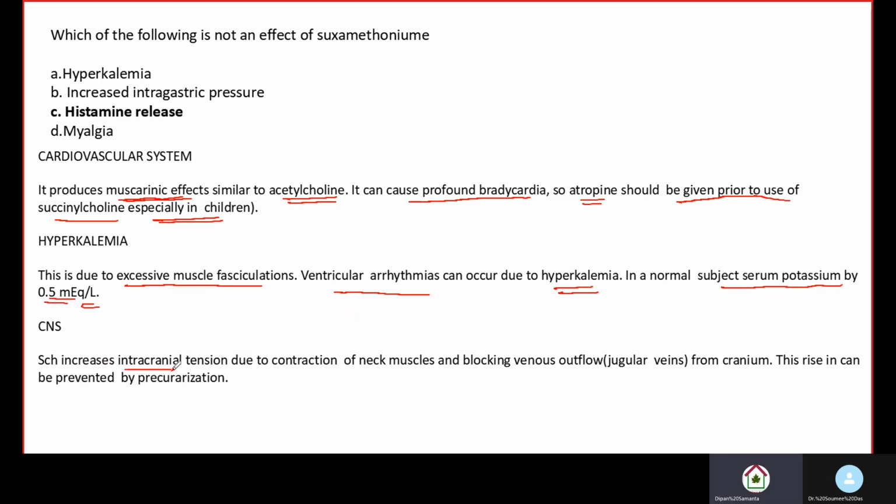Succinylcholine increases intracranial tension due to contraction of neck muscles, blocking venous outflow from the cranium. This rise can be prevented by pre-curarization.